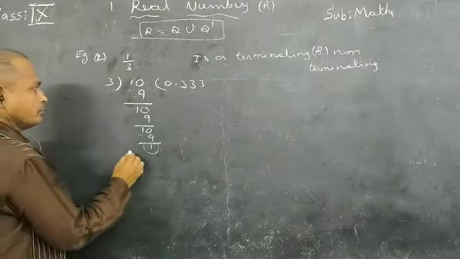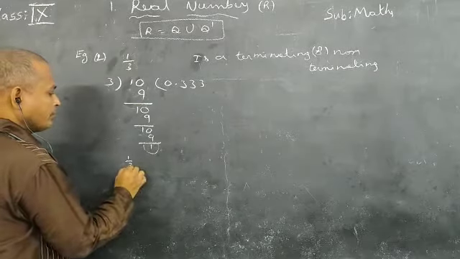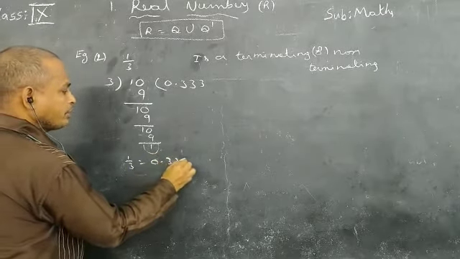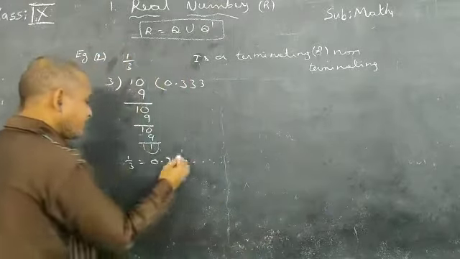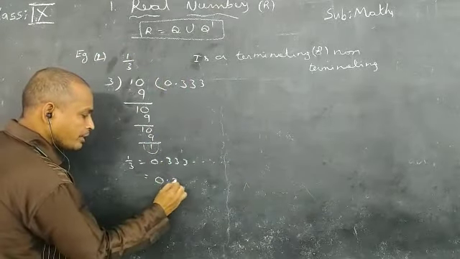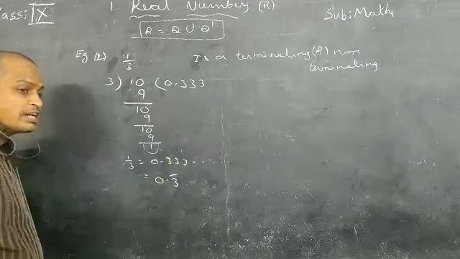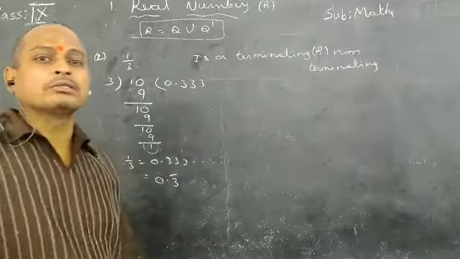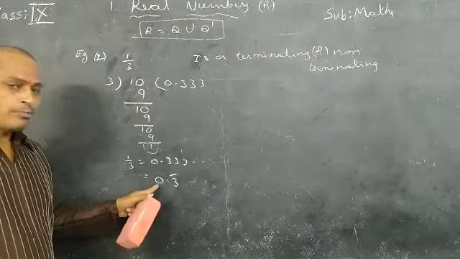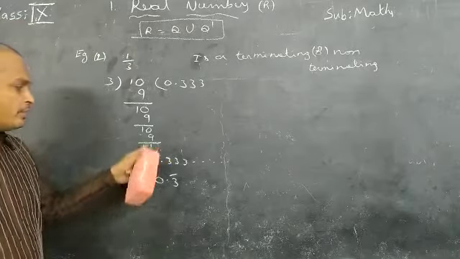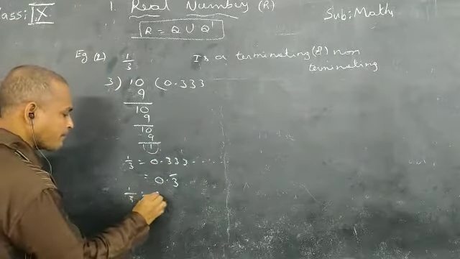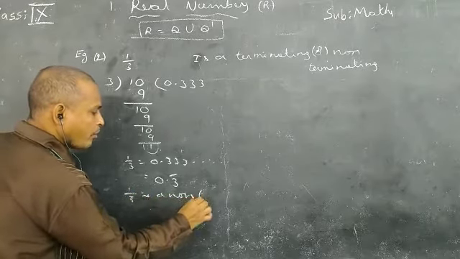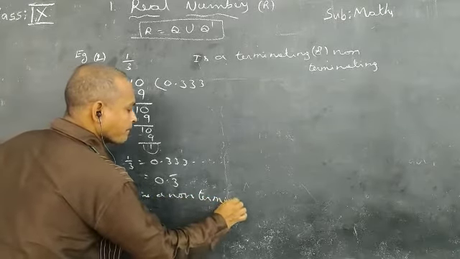For example, 1 by 3 is equal to 0.333 and so on. The repeating digit is 3, so we write it shortly with a bar over 3. So 1 by 3 is non-terminating, children.